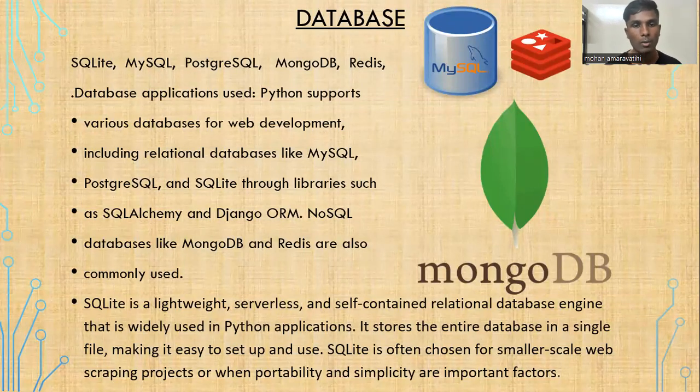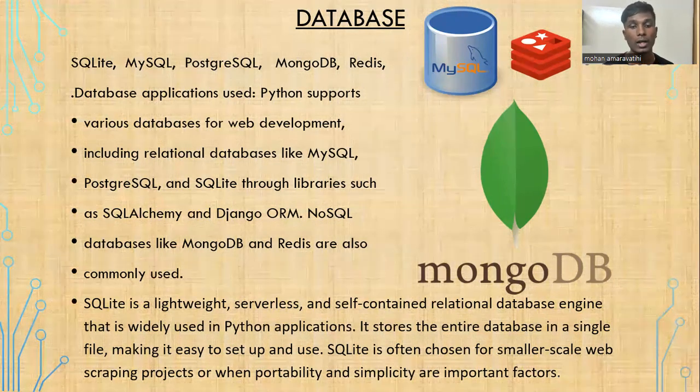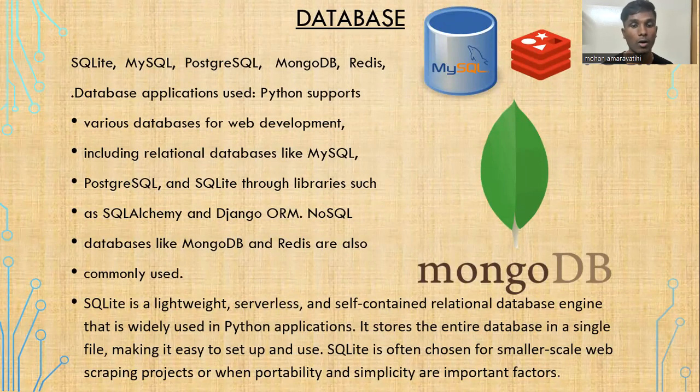Databases of web development include relational databases like MySQL, PostgreSQL, and SQLite, ORMs such as SQLAlchemy and Django ORM, and NoSQL databases like MongoDB and Redis. I will show their logos in my slide.